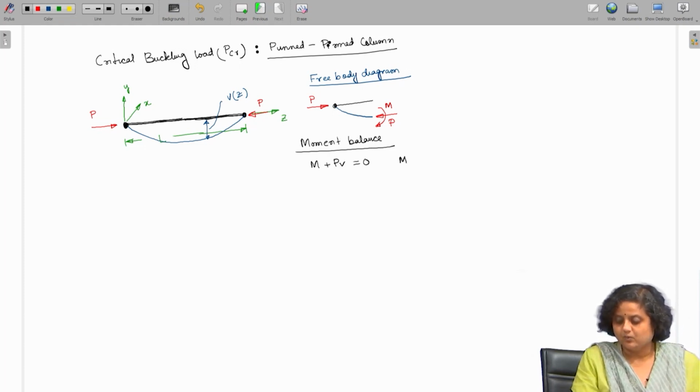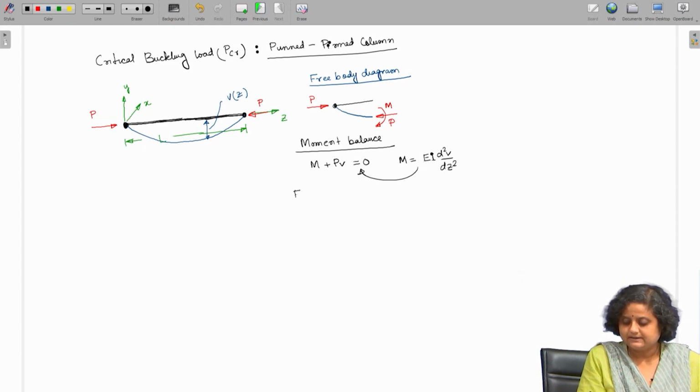Now, again we know that M is equal to EI d2V by dz square. So, now plugging this in here, we can write EI d2V by dz square plus PV is equal to 0.